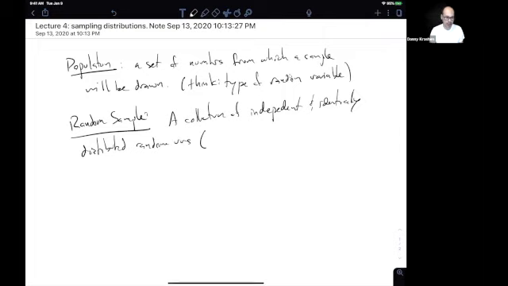But we're thinking about these as measurements from the population. By which I really just mean that the original population is given by having some distribution, and these independent and identically distributed random variables, their distribution is according to the distribution that describes the population.